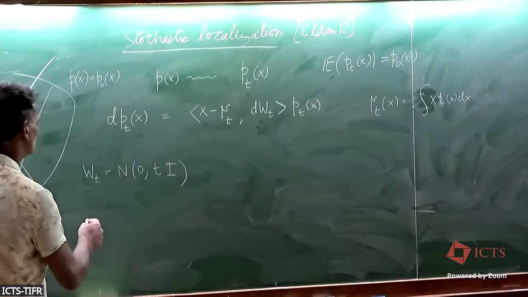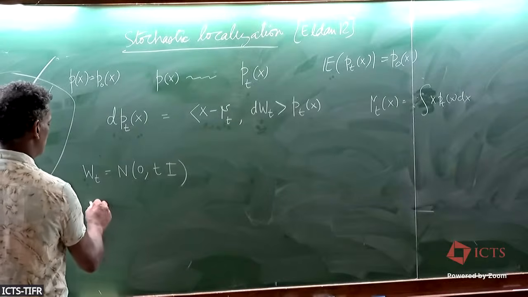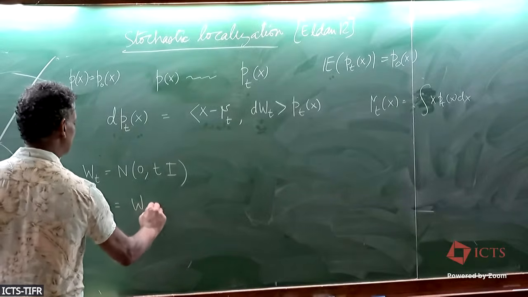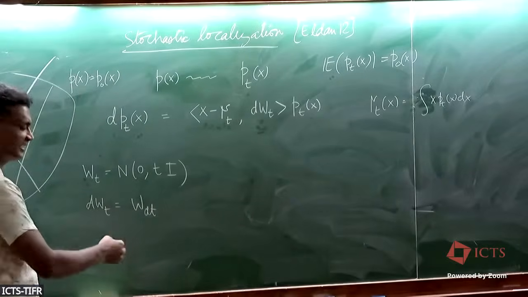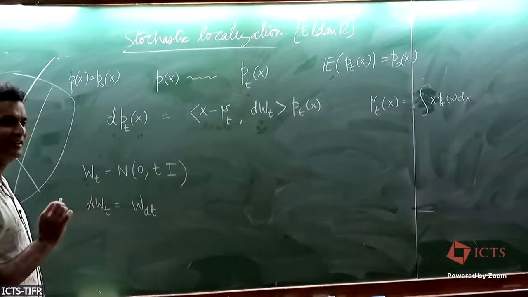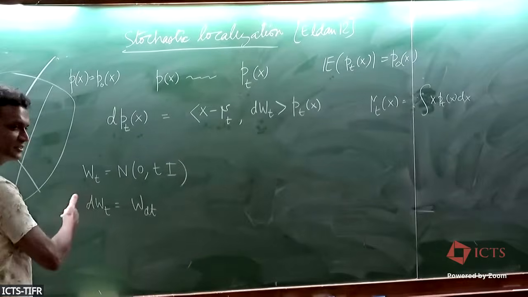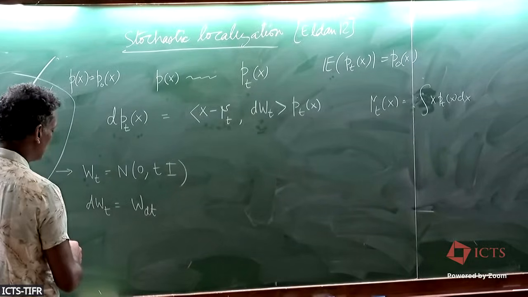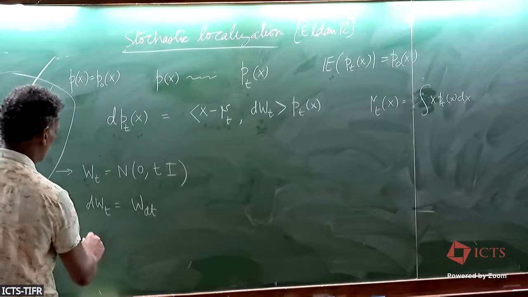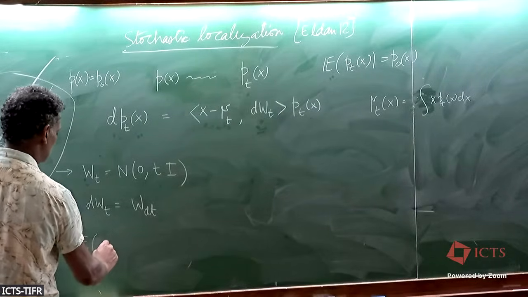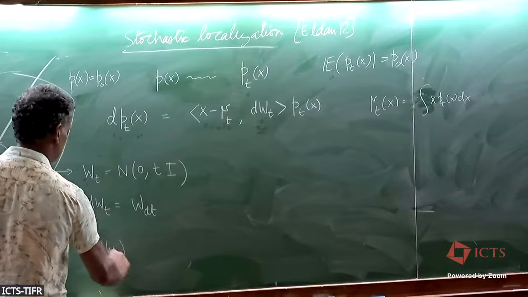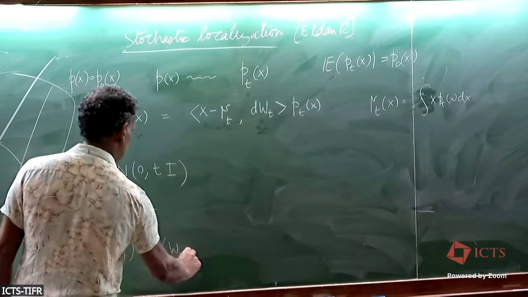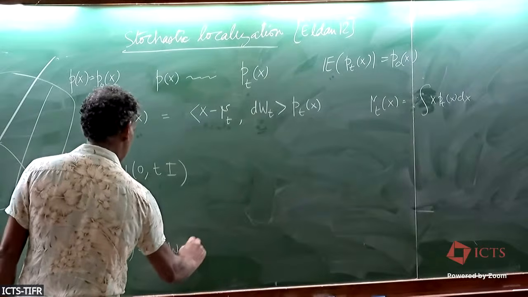So it's useful to think of dWt as W dt, if you like. It's like a Gaussian with time only dt. These are heuristics. This is a fact. And then if you think about the expectation of dWt squared, that's the expectation of W dt squared.